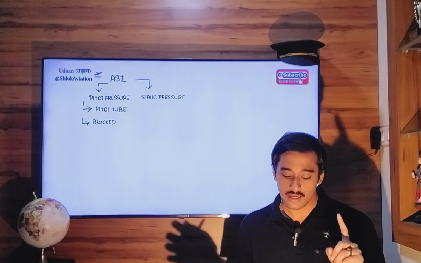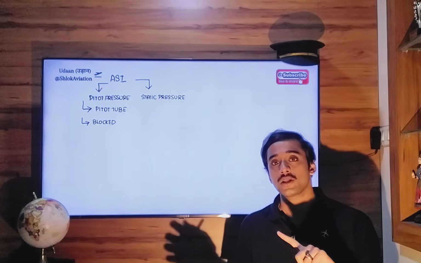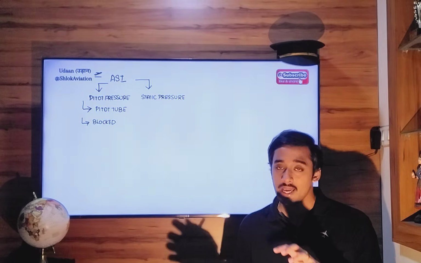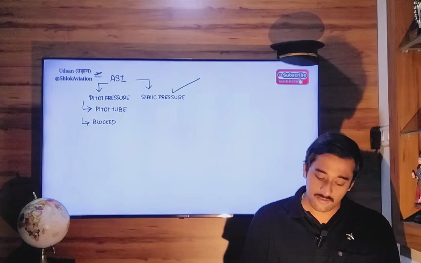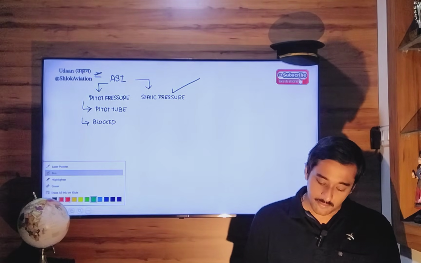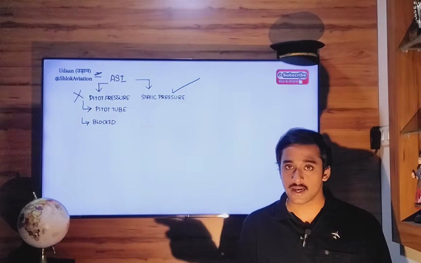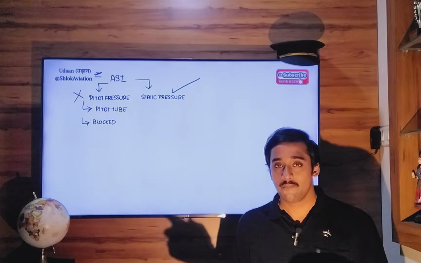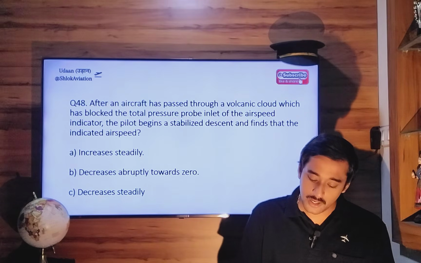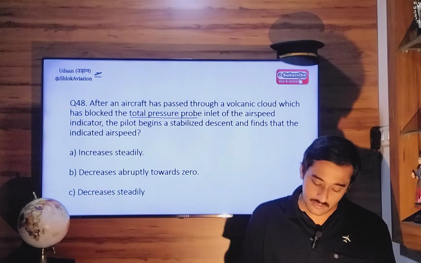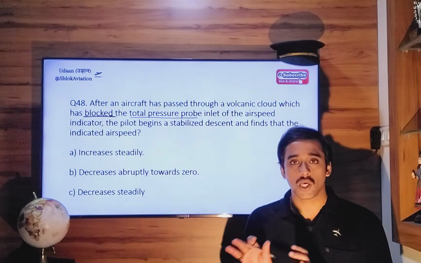So the only input that will be fed to the ASI indicator will be static pressure, right? We will not have pitot pressure being fed into the ASI indicator. We will have only static pressure, because the static ports are operating. In the question it's given that the total pressure probe is blocked, but the static ports are operating.